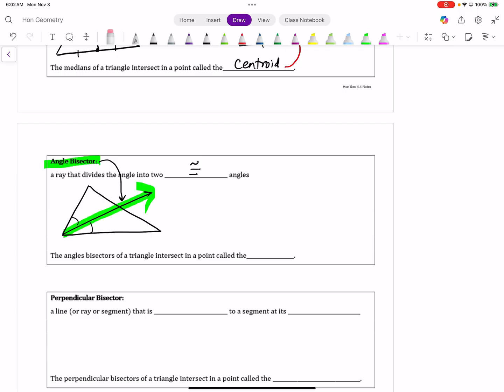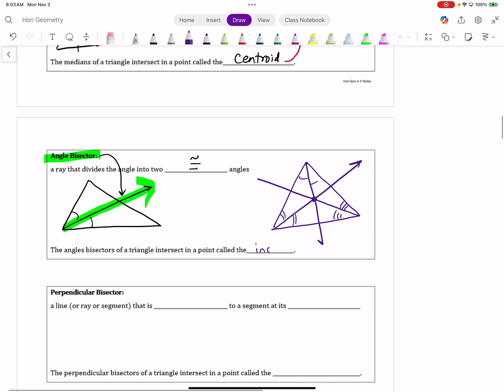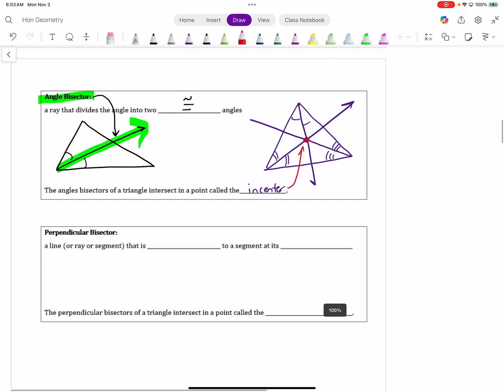All right, if you draw all of those, this angle bisector, and this angle bisector, and this angle bisector, all three of those rays will intersect at the same point, and we call that an incenter. So that point in red, that point right there is the incenter.